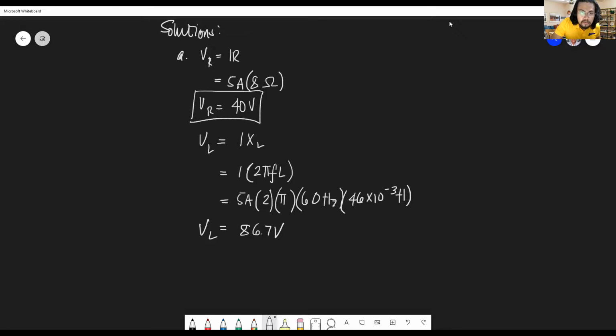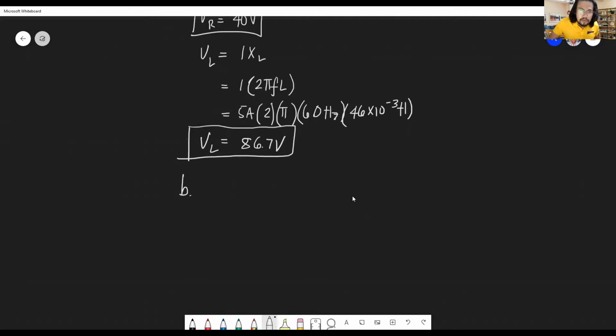We are going to solve for B. B is simply the real, reactive, and apparent powers of the system. So the P real equals VI cosine theta. Okay, so we have to solve for the theta first.